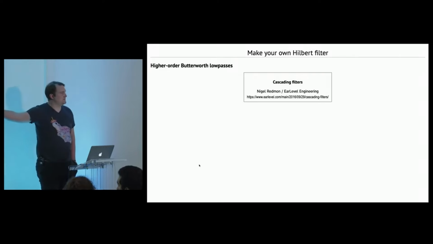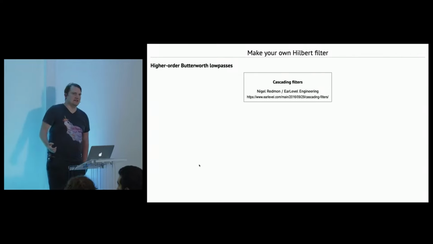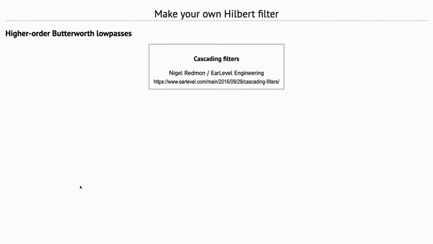Here is an excellent page on ear-level engineering that gives a little illustration of how it works, and also a little web tool which tells you what Q values to use. So you just stack, I don't know, 20 low passes in a row with different Q factors, and the end result of that is a Butterworth with a really nice phase response and a pretty sharp edge.